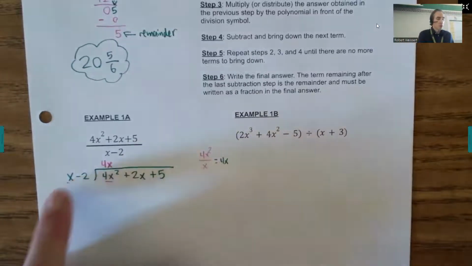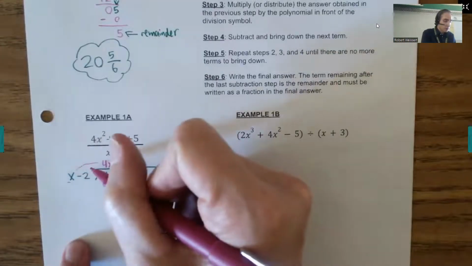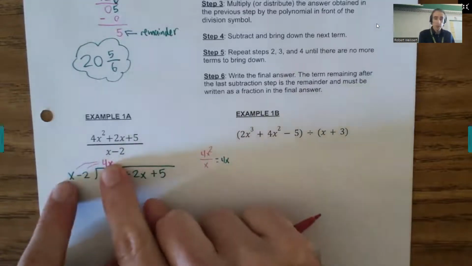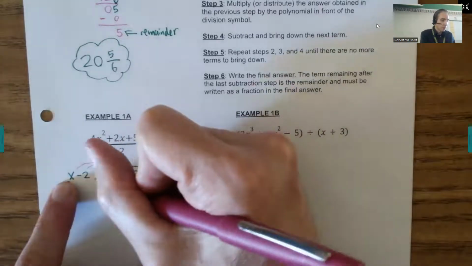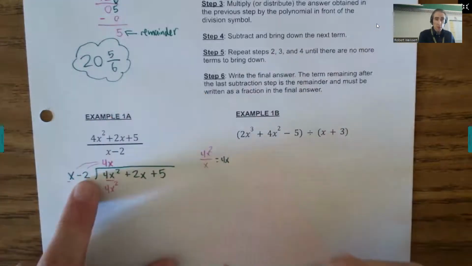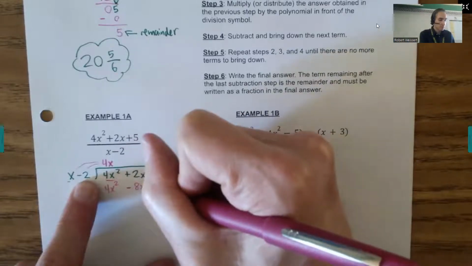From there, we take our 4x and distribute it to all the terms of the divisor. So 4x times x gives you 4x squared. 4x times negative 2 gives you negative 8x.